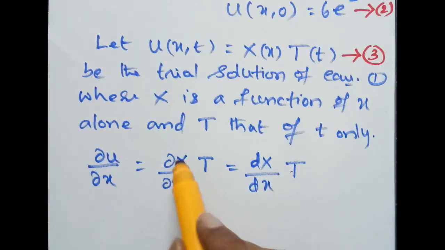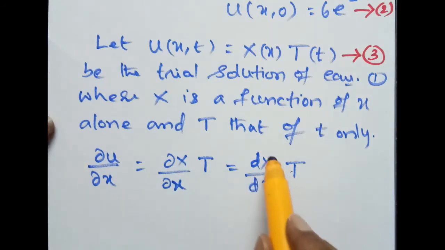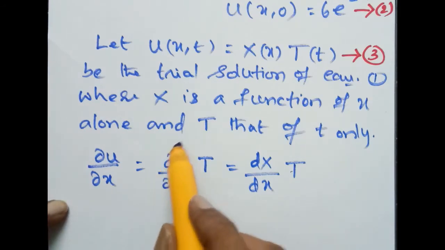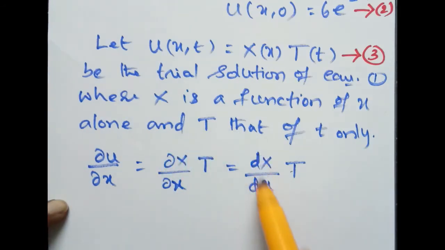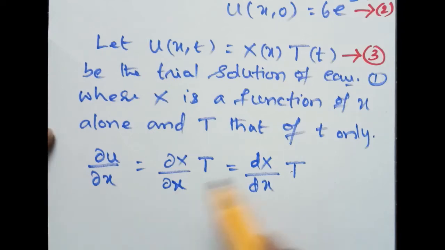For example, what is the partial derivative of x² + 2x with respect to x? 2x + 2. What is the derivative d/dx of x² + 2x? That is also 2x + 2. So we will get the same answer. Therefore it is exactly equal to d/dx of X into T.